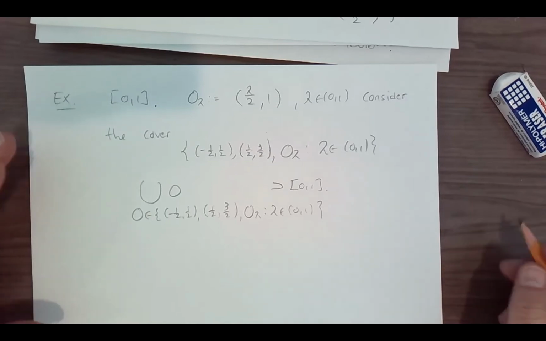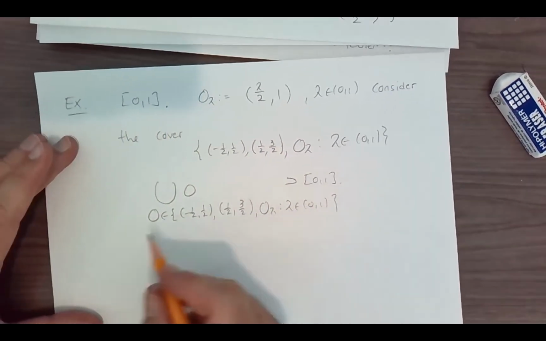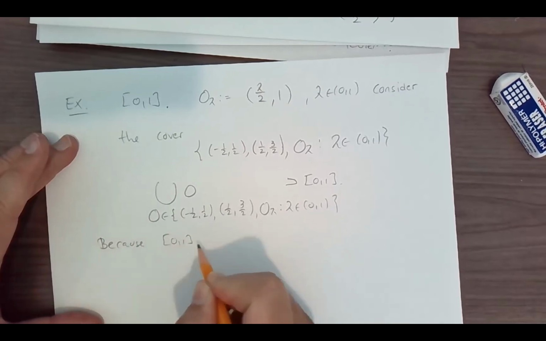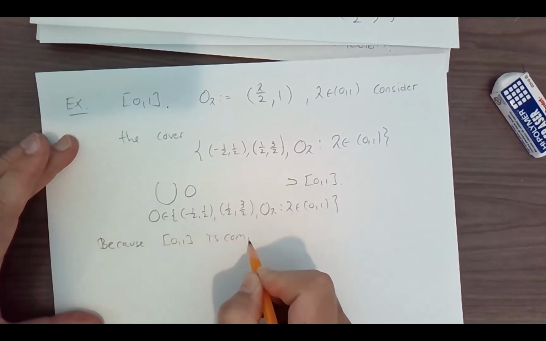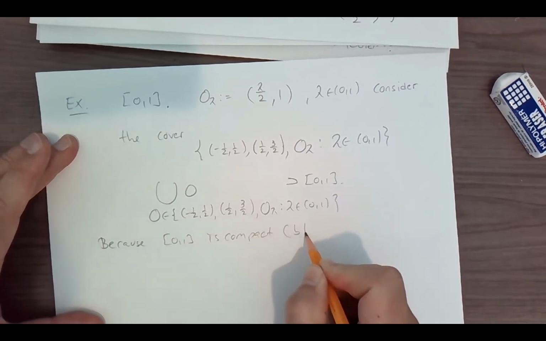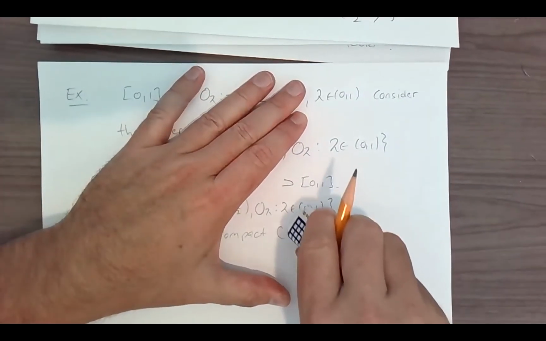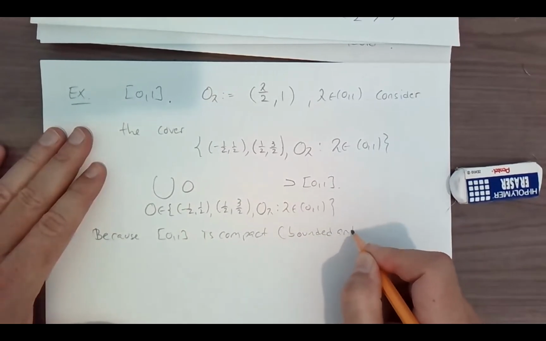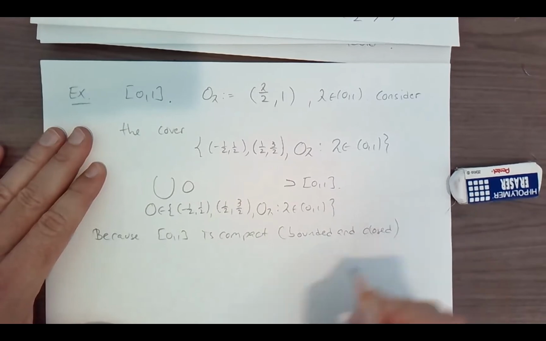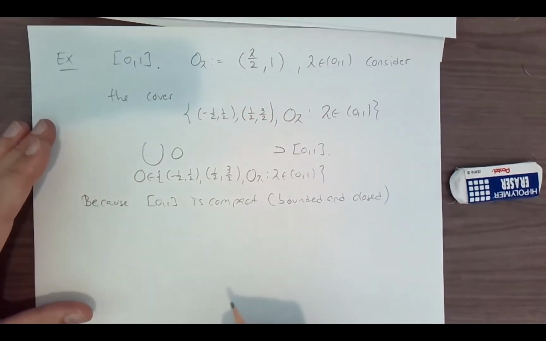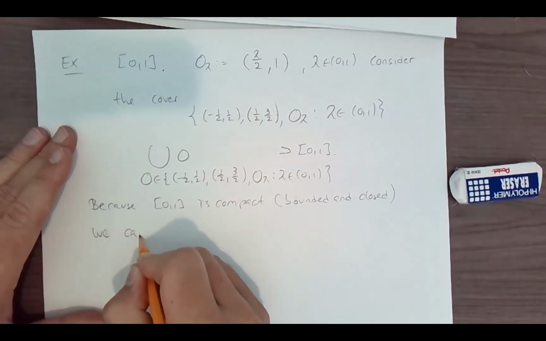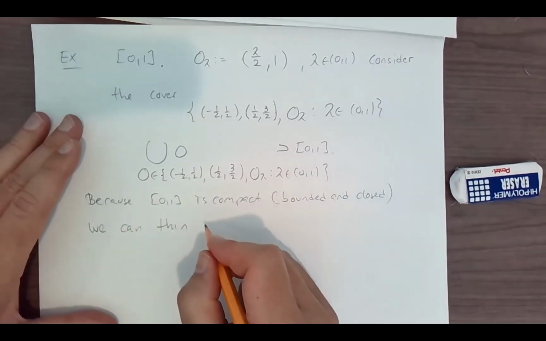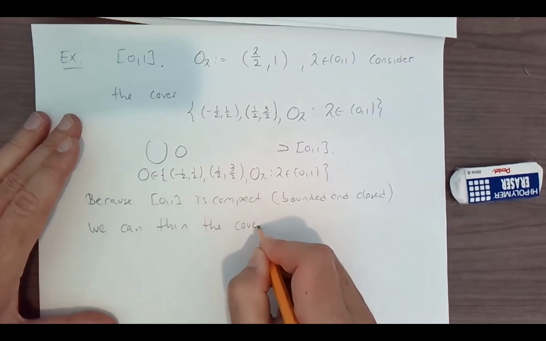Okay, so because this is compact, and here I'm using that it's bounded and closed, I need to be able to thin the cover to a finite one.